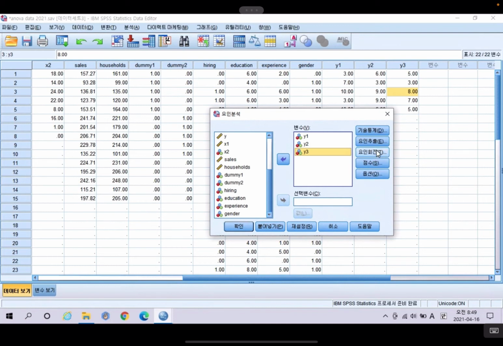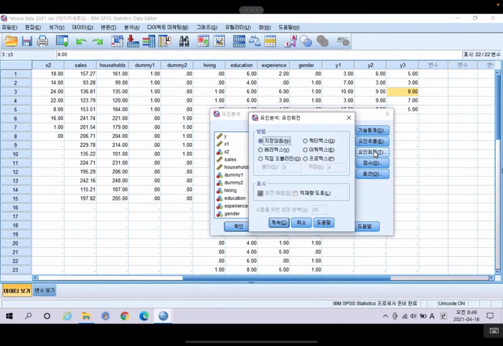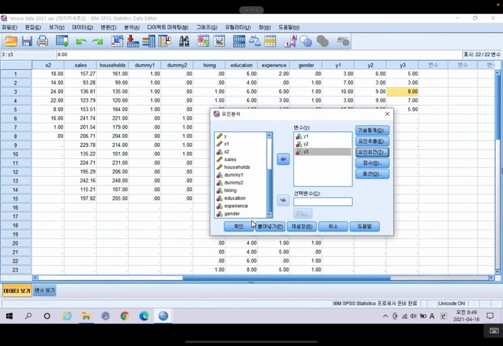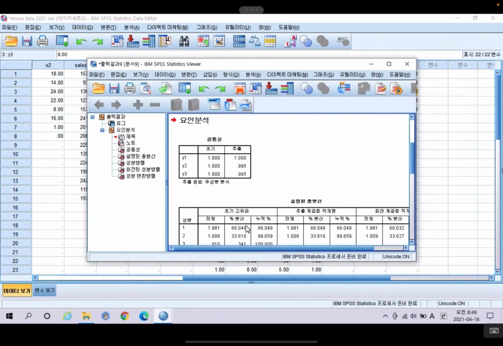And you go to this, factor rotation, right? You usually go to here and you choose Varimax. Usually you do the Varimax, right? And continue and enter.